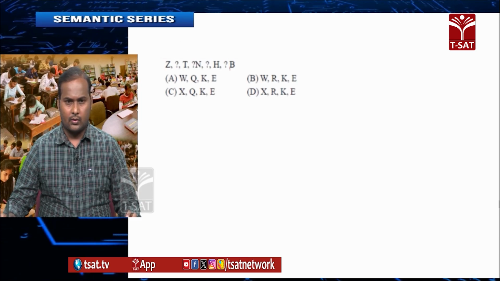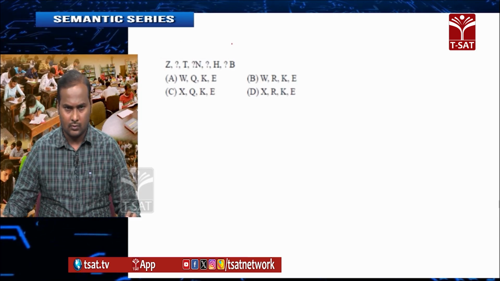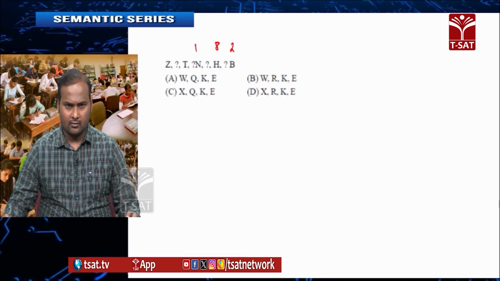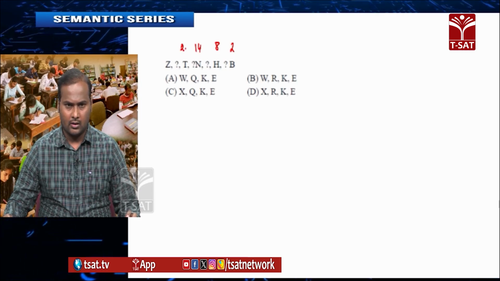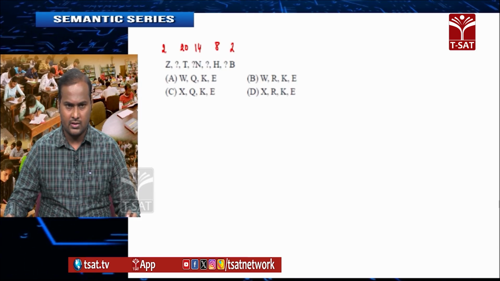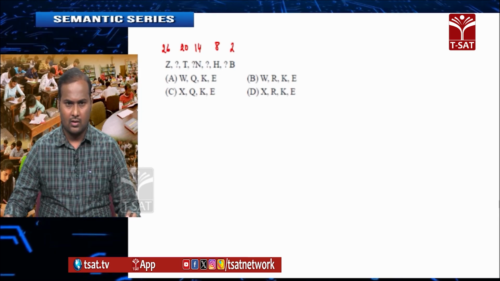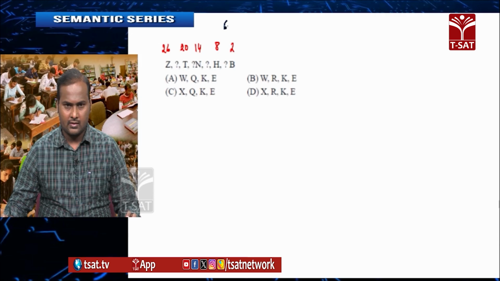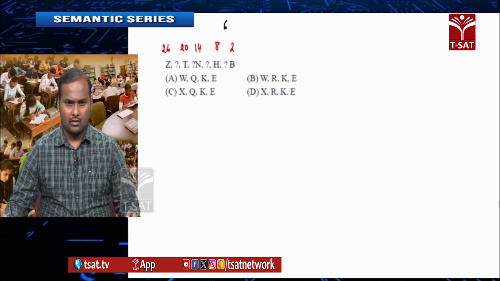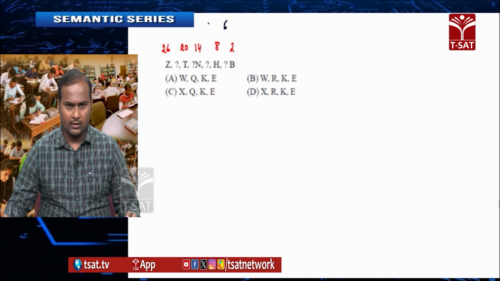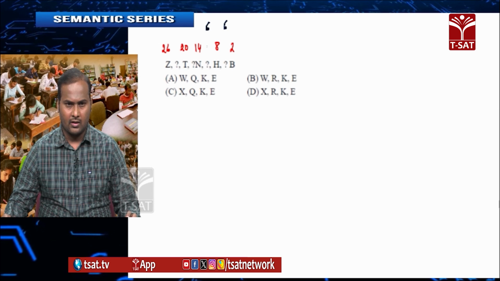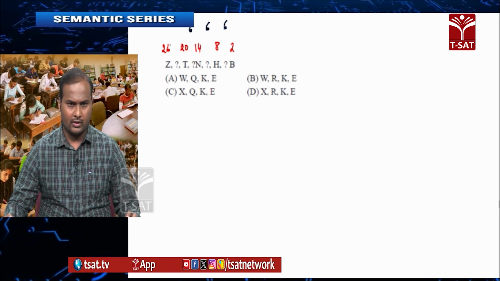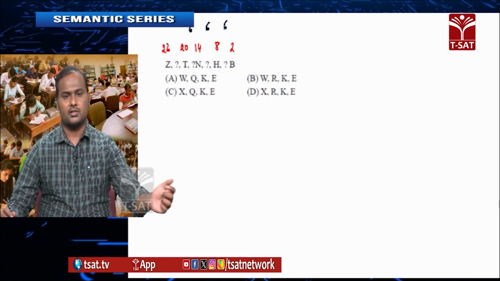Now see here: B is 2, H 8, N 14, T 20, Z is 26. Now 2 to 8 is increasing by 6, 8 to 14 also by 6, 14 to 20 also by 6, and 20 to 26 also by 6.